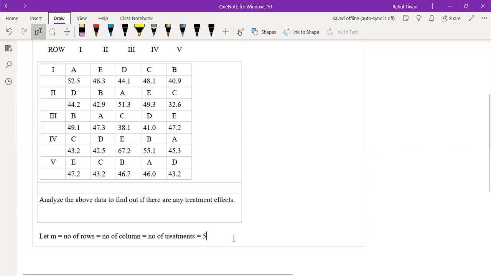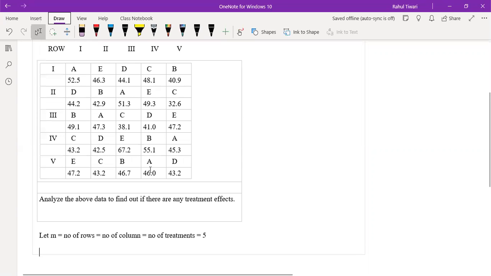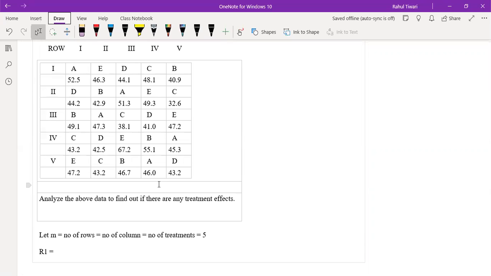And now once you have this data, I am interested to get R1. What is R1? It is a row total. You remember we have written treatment total, row total, column total like that.